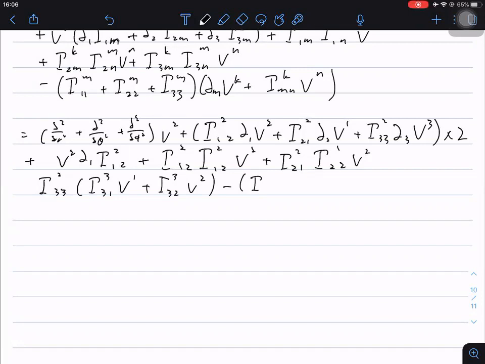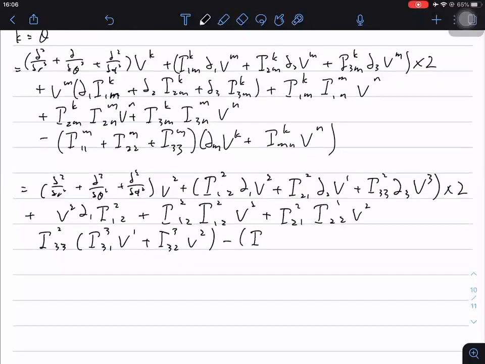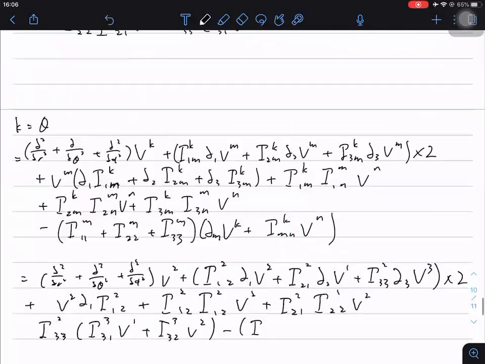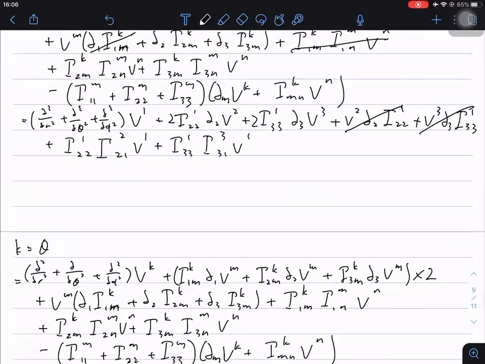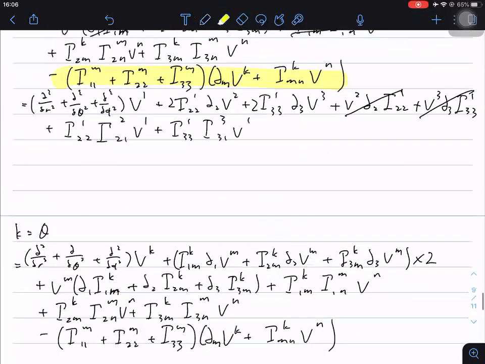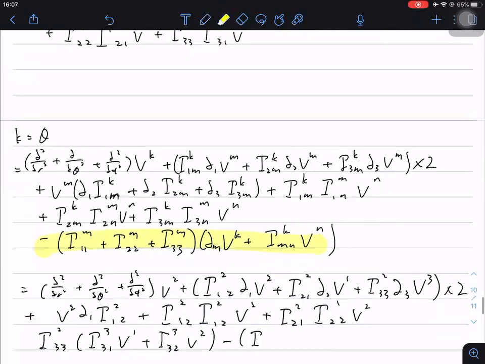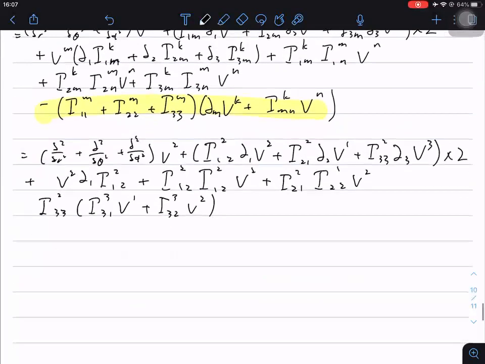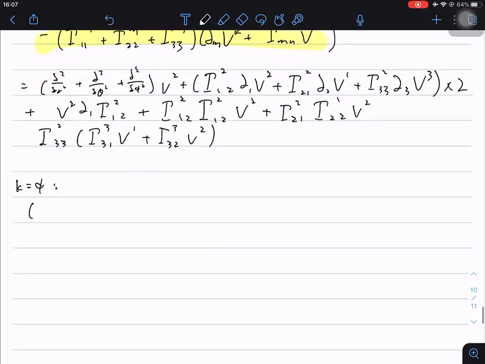Okay, for the final term, you can't really simplify it. You have to do the summation. The summation remains there. Okay, and I think I forgot to do the last term here as well. But again, it's all summation, so I won't write that down here. And finally, the last one.